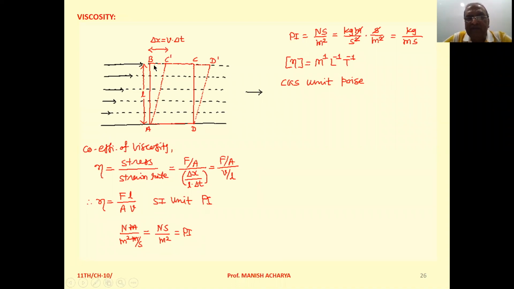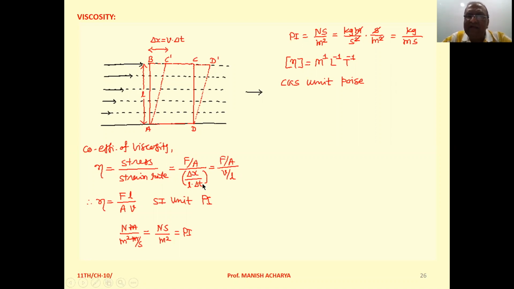Now here strain is delta x by L, and if we want strain rate, we divide it by time. So strain rate is delta x upon L into delta T, and the stress is as usual force upon area.